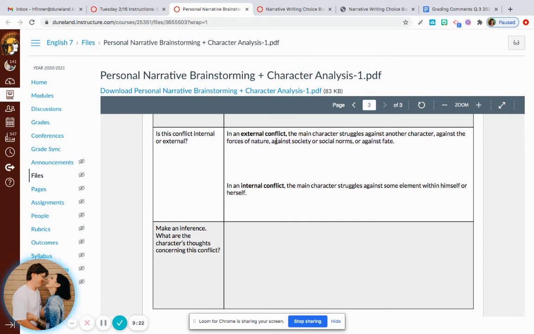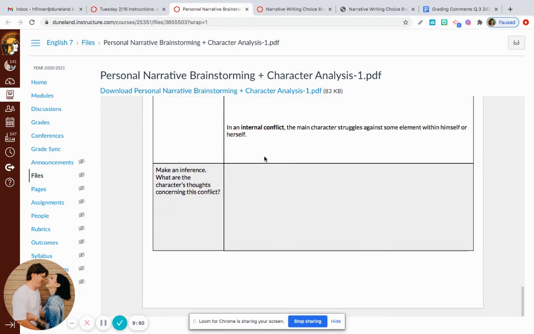Maybe your conflict is against societal norms. Maybe, as a girl, you wanted to play a sport that was seen as a more masculine sport. That could be an external conflict of society. You could have a conflict against another character, and it doesn't have to be an actual physical fight, right? It could be a verbal argument, or maybe you're struggling with yourself. Somehow that's going to be your internal conflict.